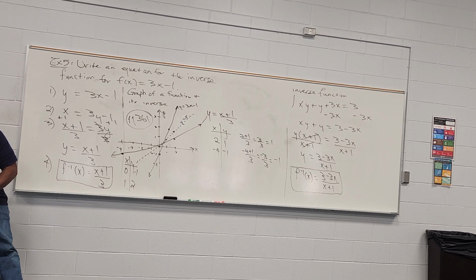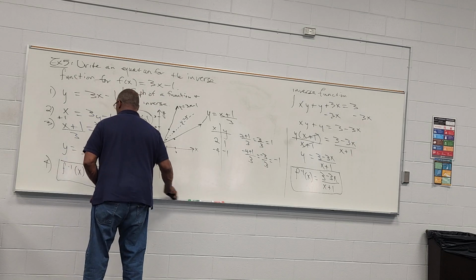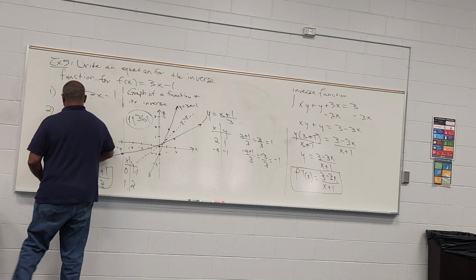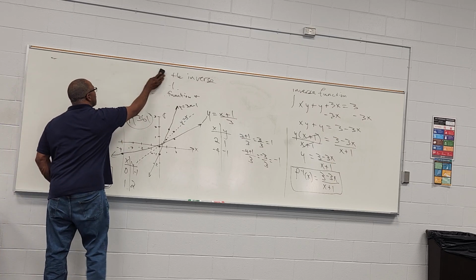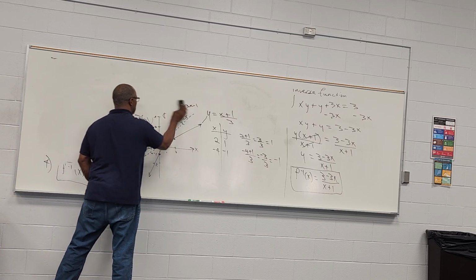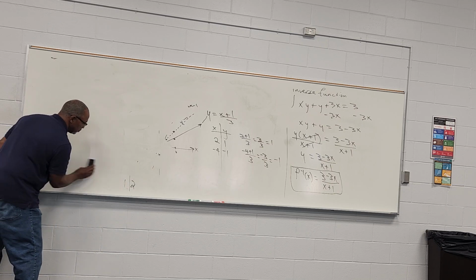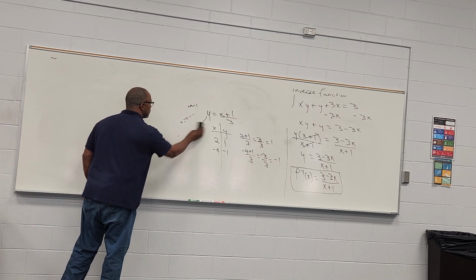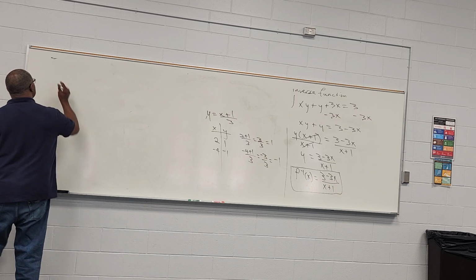Well, example 7, they talk about finding an equation of an inverse function. I'm not going to do that, but I want to set it up for you because there's one thing we have to be a little careful on with that one. Okay. So example 7.